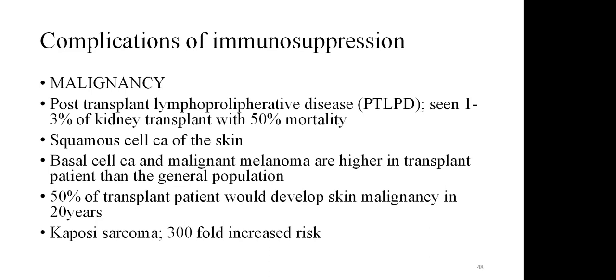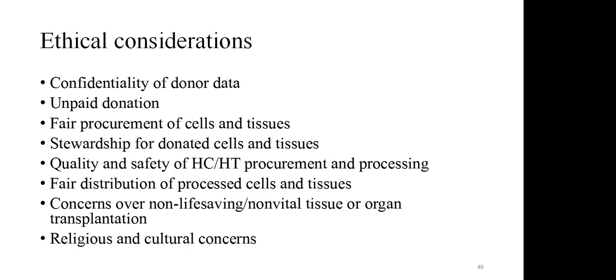unpaid donation. Some people from the villages are exploited to come and donate organs, and given chicken change. So donation should be willing and unpaid. Then fair procurement of cells and tissues. Donation of organs and selection of organ donors should follow due process.